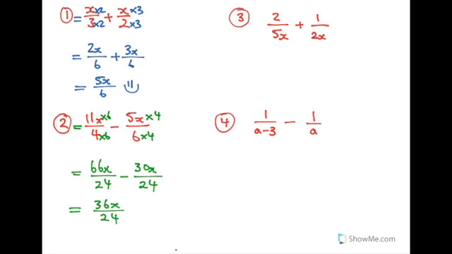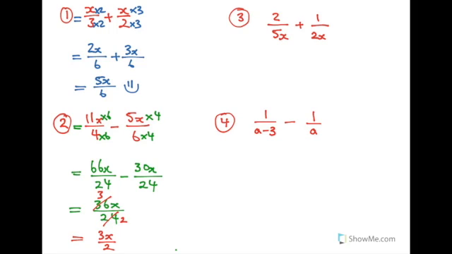I know that 12 goes into 24 and also into 36. It goes into 24 twice, and it goes into 36 3 times. So the simplest form is 3x over 2, if I'm correct. I hope I've done all the maths right. Remember, if I make a mistake, let me know.